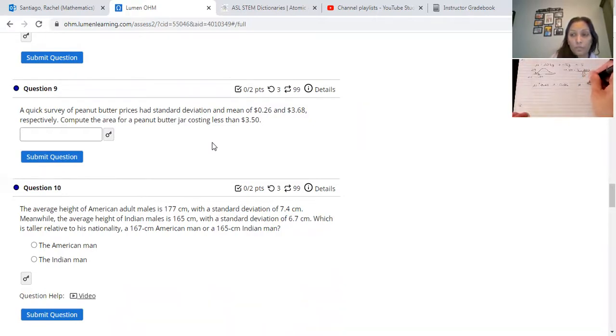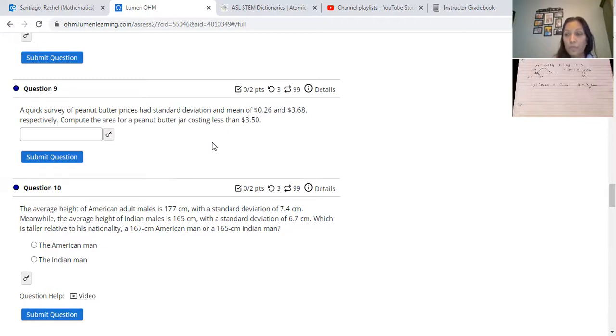You're just going to use your traditional z-score formula. So what does the $3.50 represent? Is it your z-score or your raw data value? It's the data value. Yes.